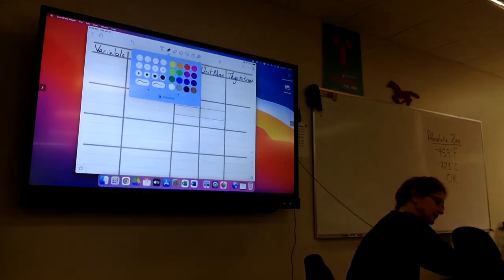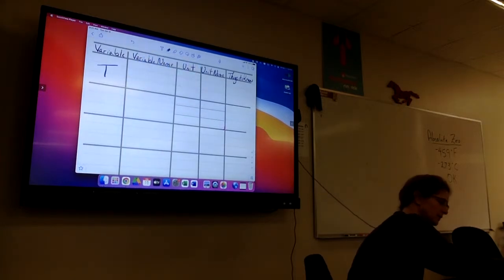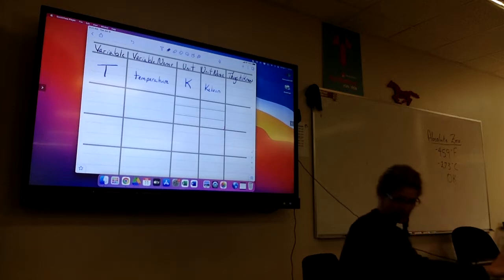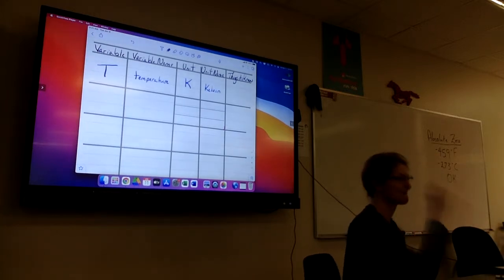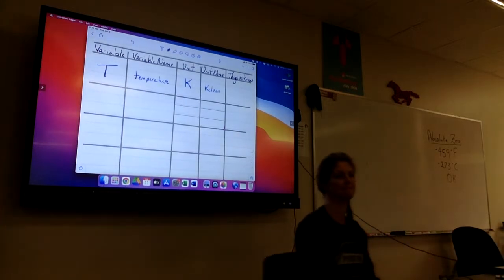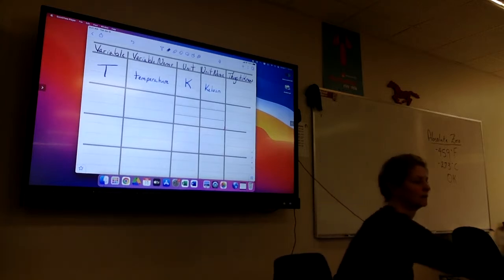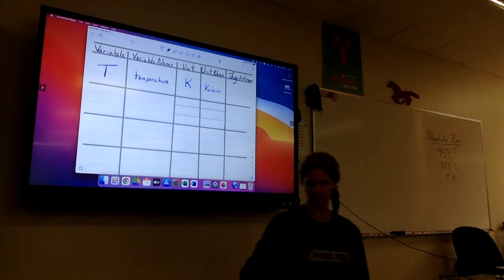Capital T. The variable name is temperature. The unit is going to be reported in Kelvin, capital K. And things to know about temperature.